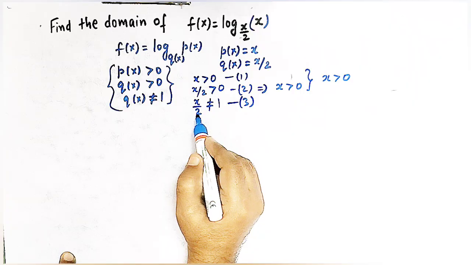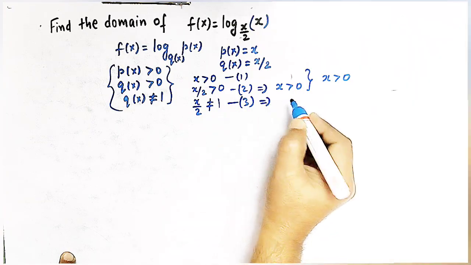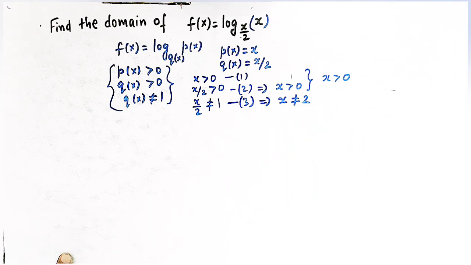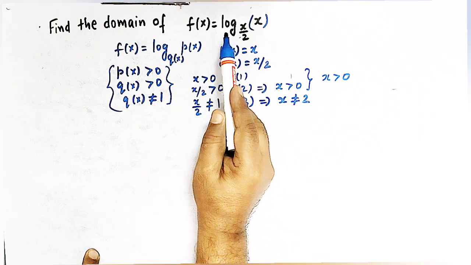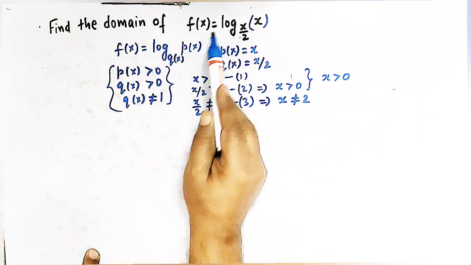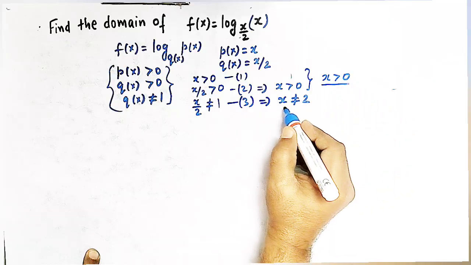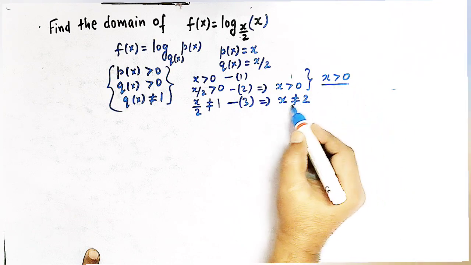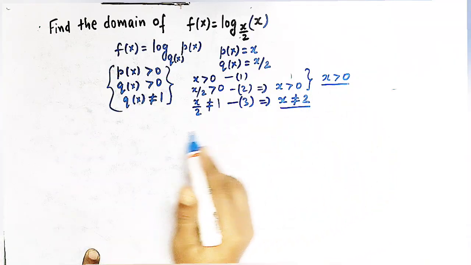And x over 2 should not be equal to 1, so this implies that x should not be equal to 2. So the function is defined when x is greater than 0 and x is not equal to 2. Let us now represent these two conditions on the real number line.